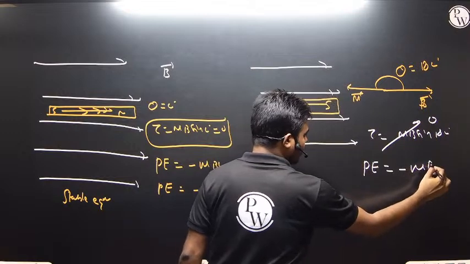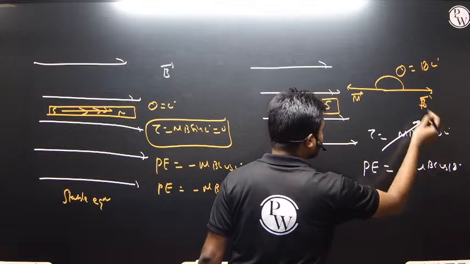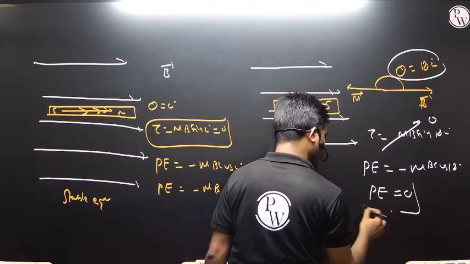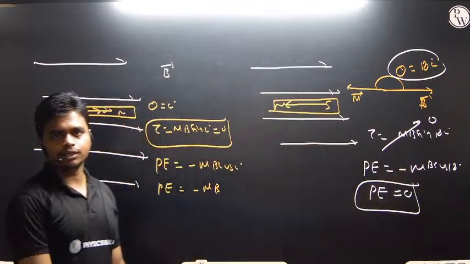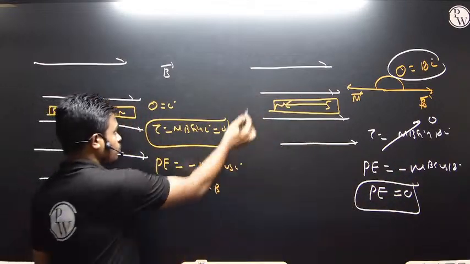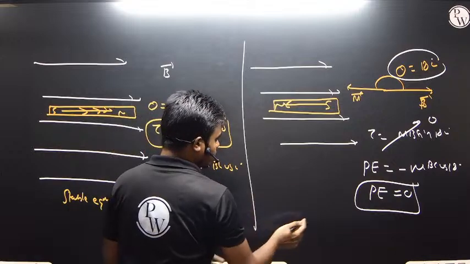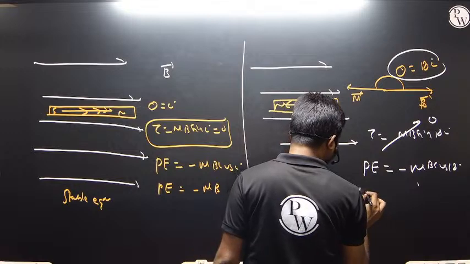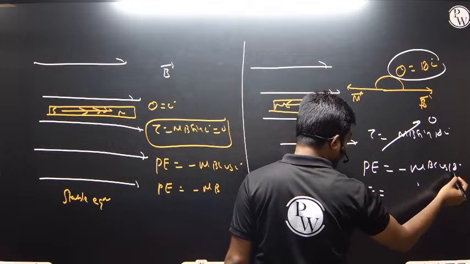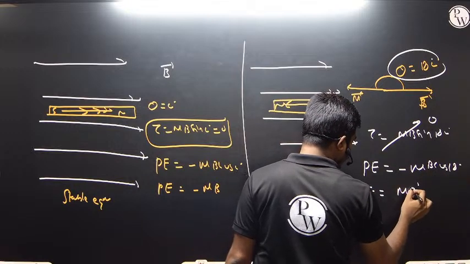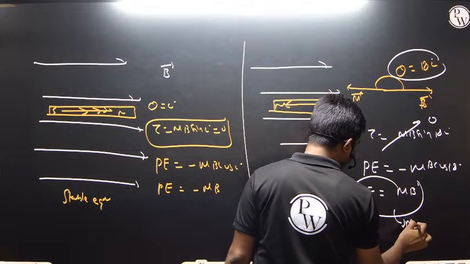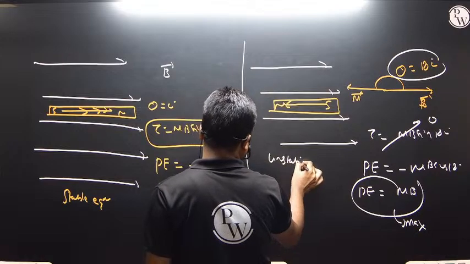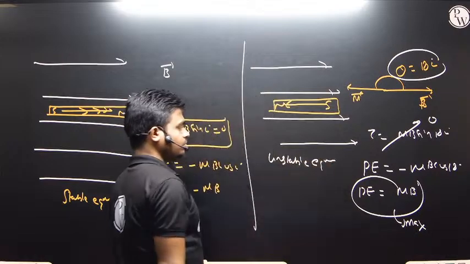Minus MB cos 180, because the angle is 180 degrees. This is minus 1, this is also minus 1. This will be MB. So here the potential energy is maximum. This particular orientation we call unstable equilibrium.